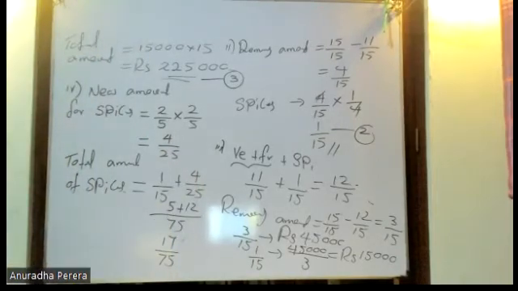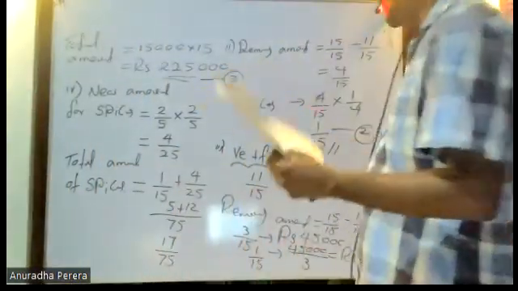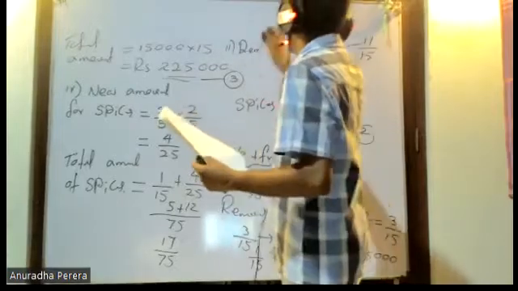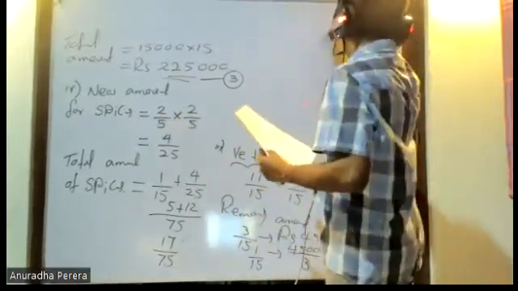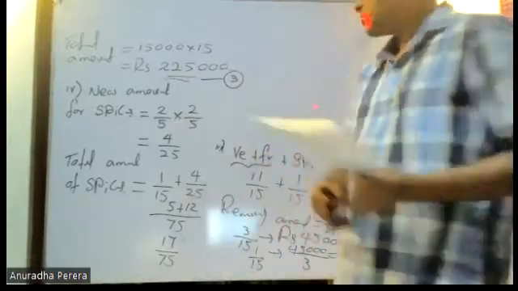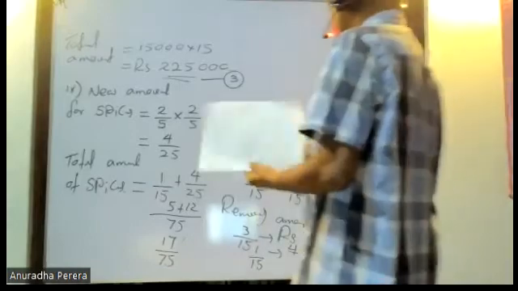Now under this situation, what percentage of the total amount is allocated for the cultivation of spices? You know the total amount is 225,000.